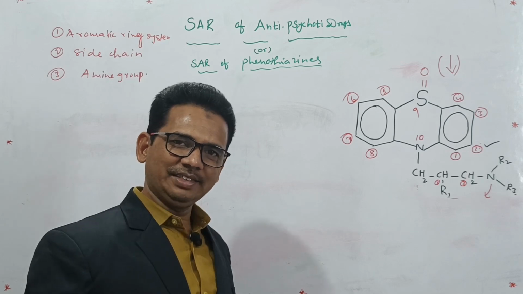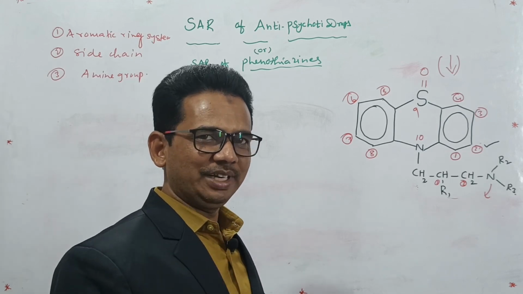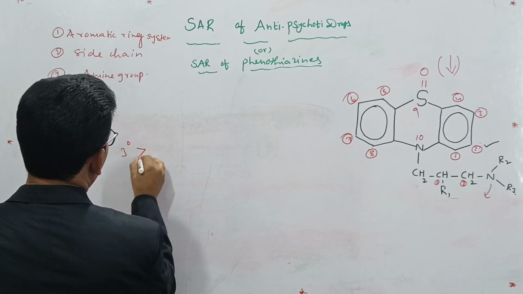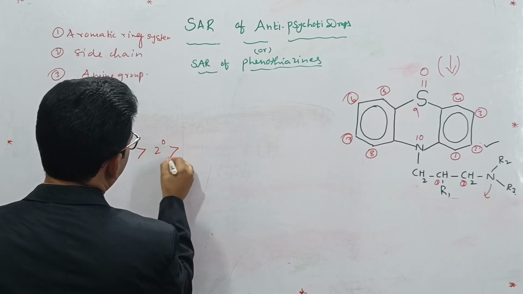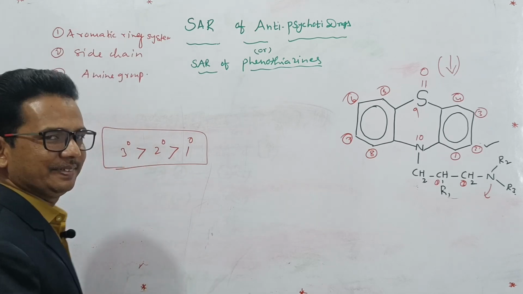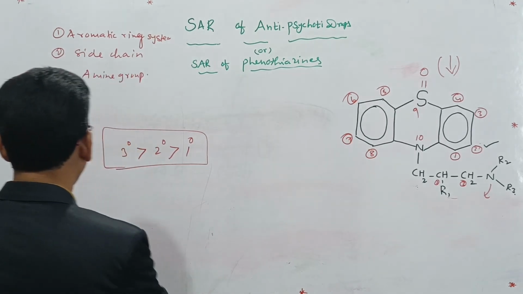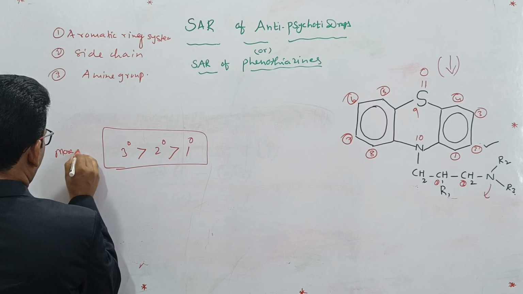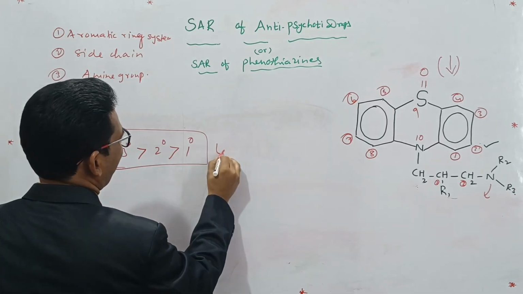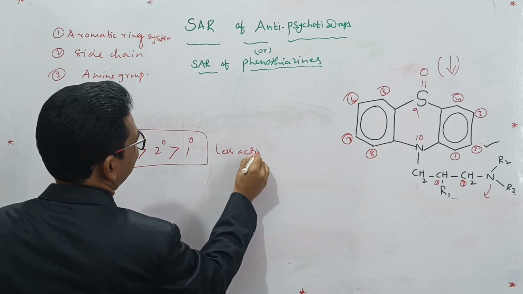But in case of antipsychotics, remember this point, only in antipsychotics, tertiary nitrogen will be more active than secondary, and secondary nitrogen will be more active than primary. Which one is more active? Tertiary. Primary will be less active.